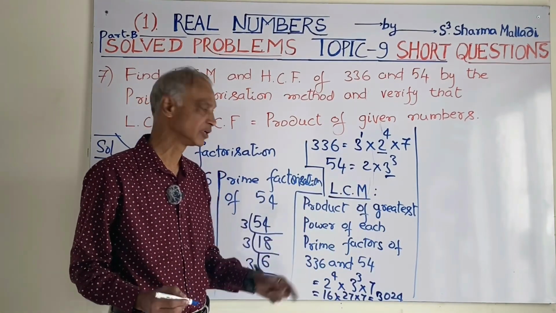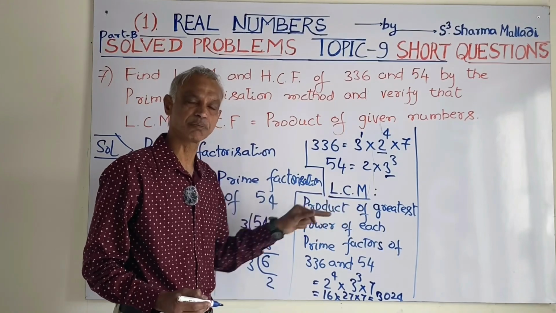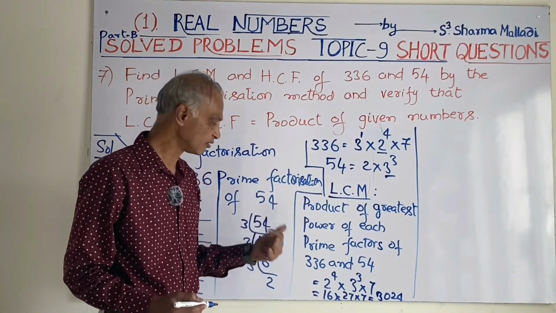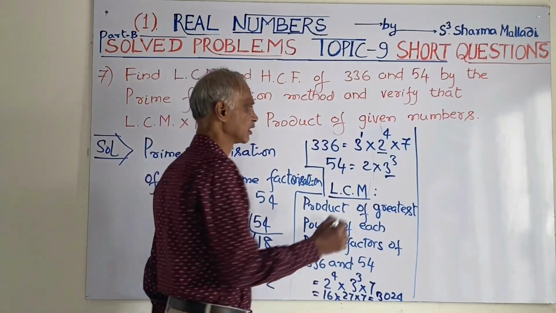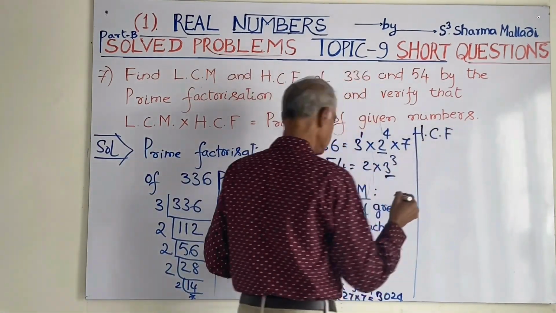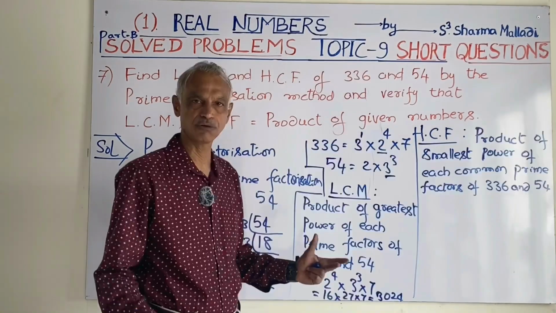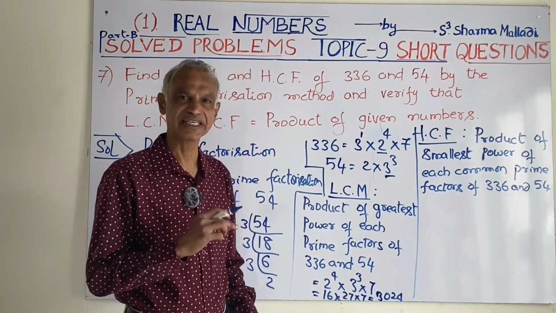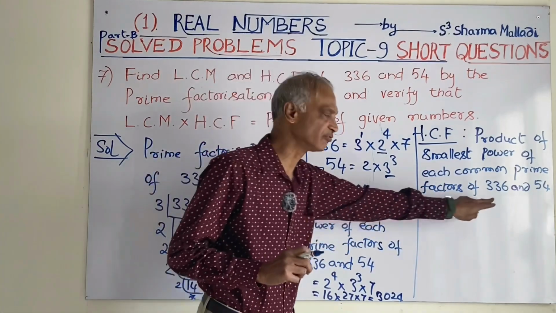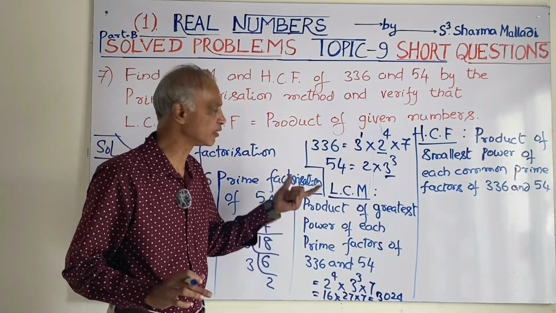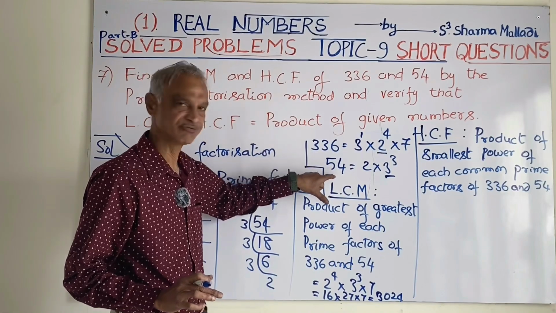What is HCF? Product of the smallest power of each common prime factors of given numbers. Now we have to take the smallest power of 336 and 54.